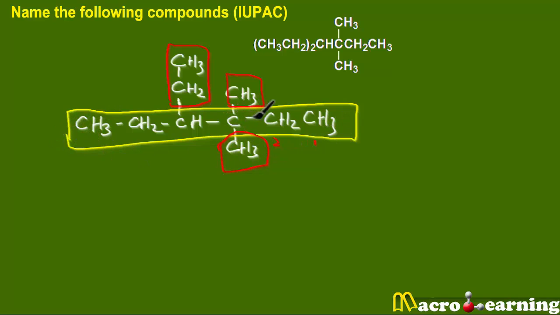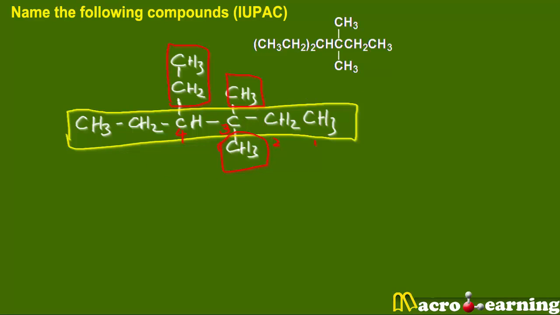So the numbering for these substituents is carbon number 3 for this methyl and this methyl, and number 4 for this ethyl, right? And 5, 6 like that. Okay, so that's that.